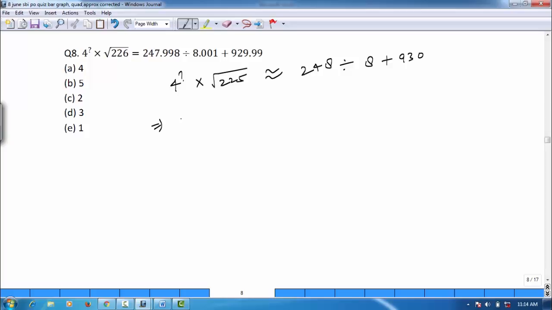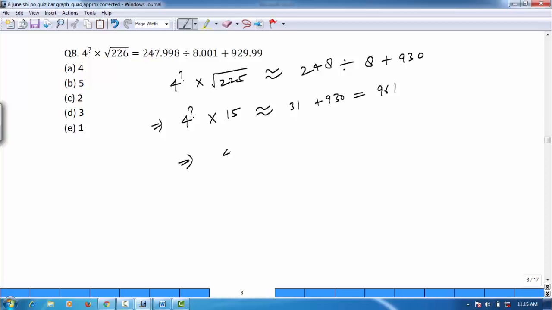This implies 4 to the question mark into, what is the square root of 225? It's 15, approximately equal to 31 plus 930, that will be equal to 961.